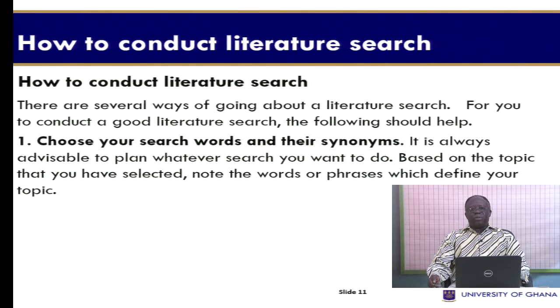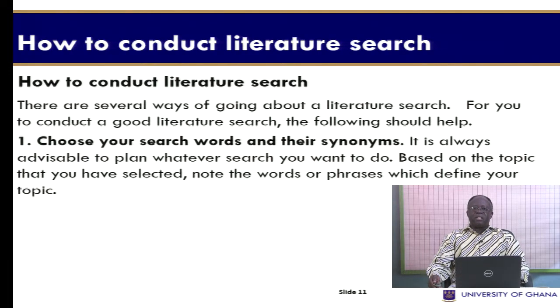There are several ways. You conduct a good literature search by following these steps. 1. Choose your search words and their synonyms carefully. It is always advisable to plan whatever search you want to do. On the basis of the topic you have selected, note the words or phrases which define your topic.